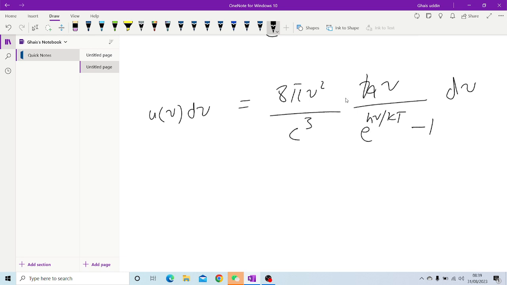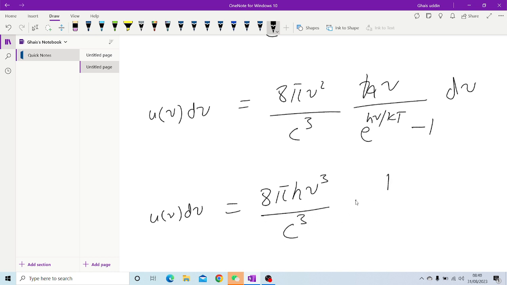So I can write this expression like this. So this becomes u nu d nu, which is equal to 8 pi h, and this nu and nu square becomes nu cube, and this is divided by c cube.